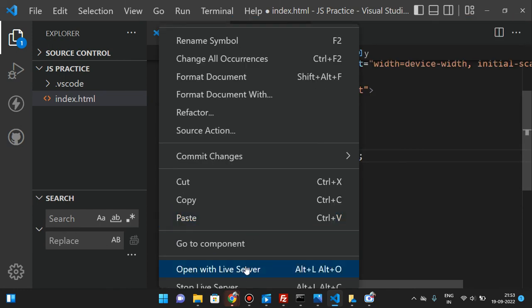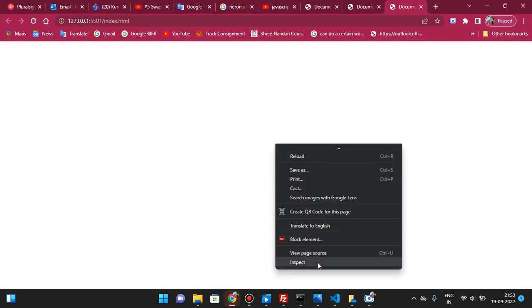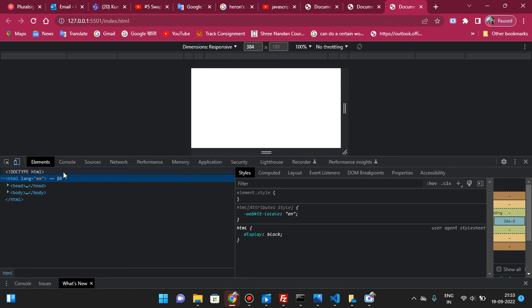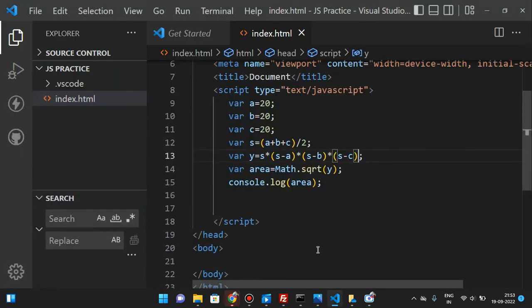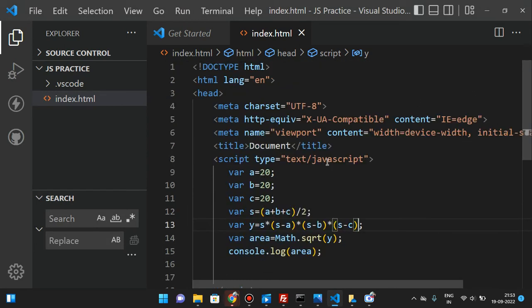Okay, again I open live server, go to inspect and go to console, and here this is your output, which is a decimal digit. Okay, you can get this output.